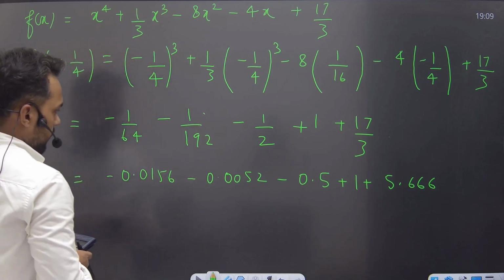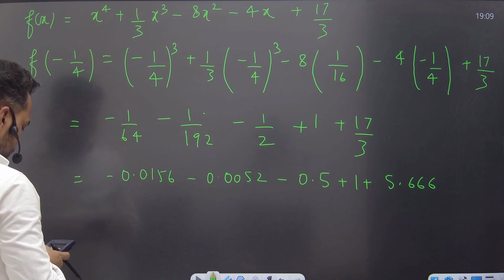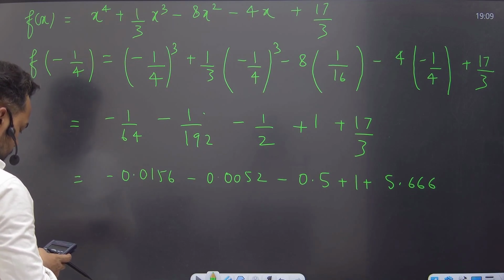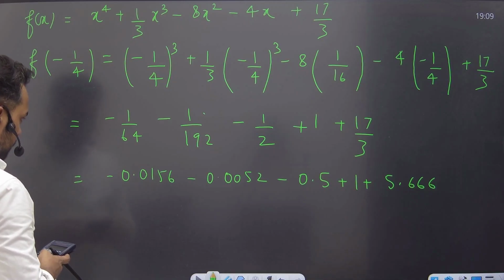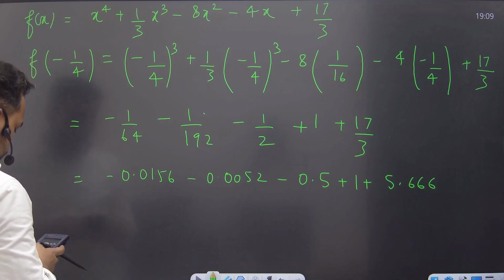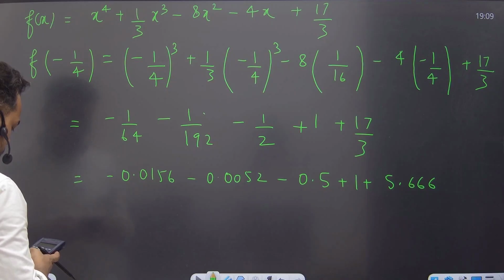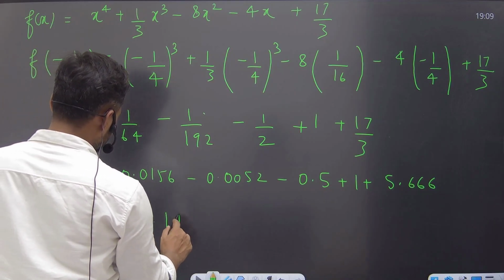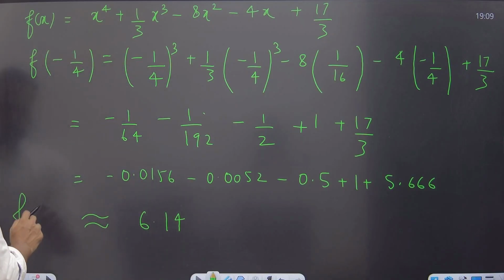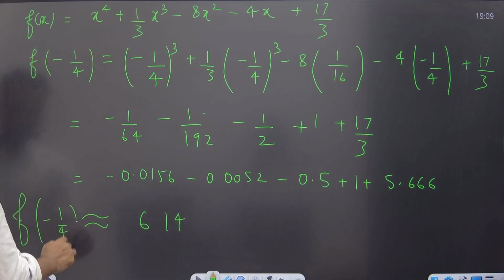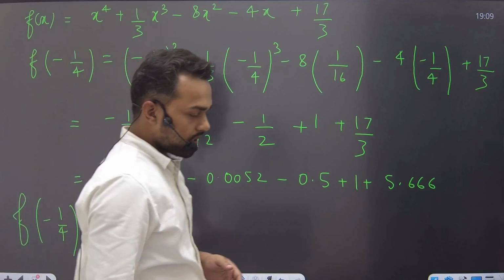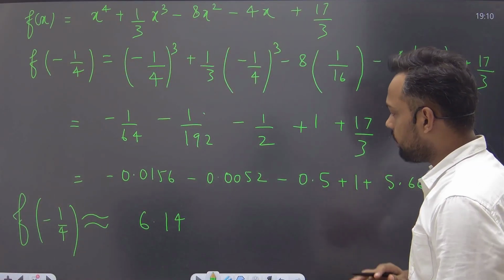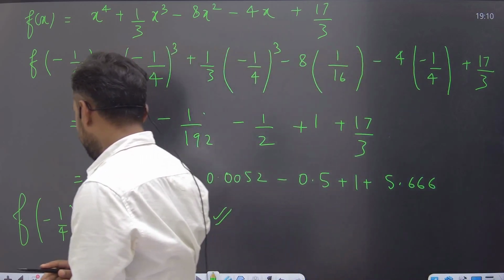Plus 1, now negative 0.5, negative 0.0052, negative 0.0156. So approximately the value which we are getting is 6.14. This is the y coordinate, student, at the local maximum. Okay, just plug in the values, we'll get the value of y.